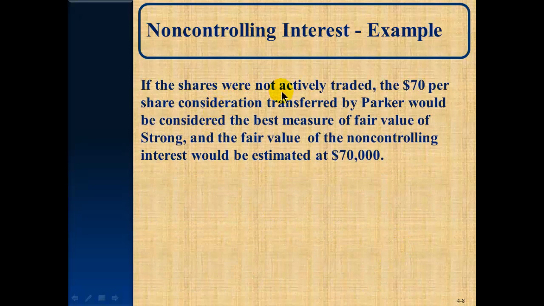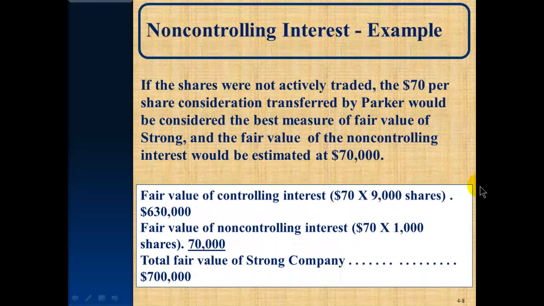So if the shares were not actively traded, the $70 consideration that was transferred by Parker would be the best source to say, okay, how do I value NCI? You'd still take the $70. Now, we had a market, and the trading price was $60 without that premium, so that was the previous example. In this example, we would assign the $70,000 to the non-controlling interest.